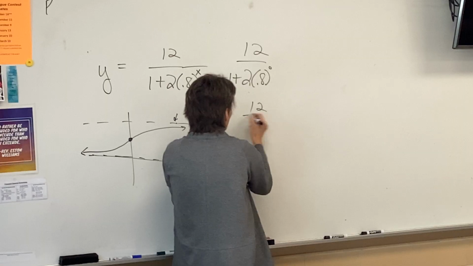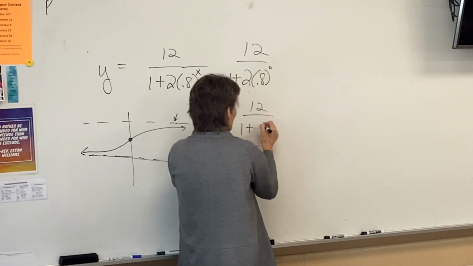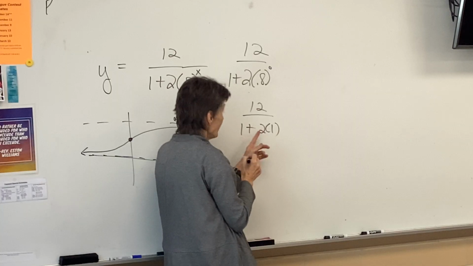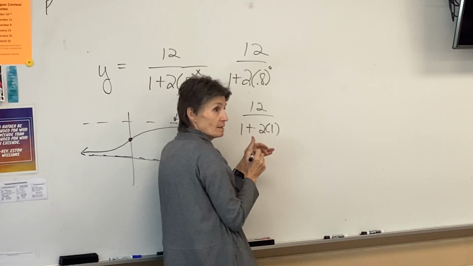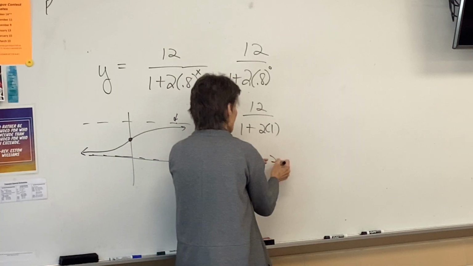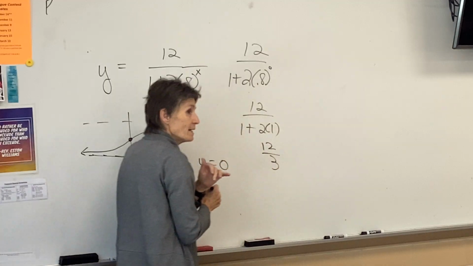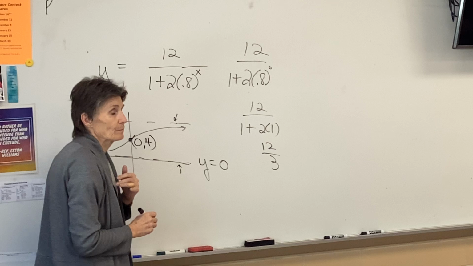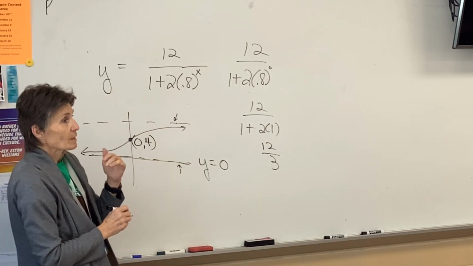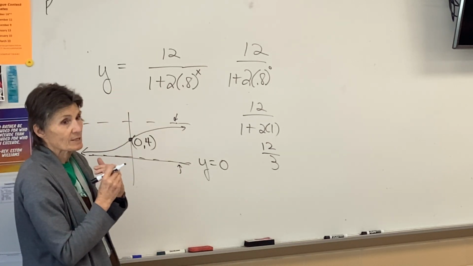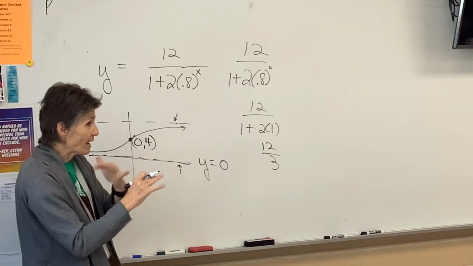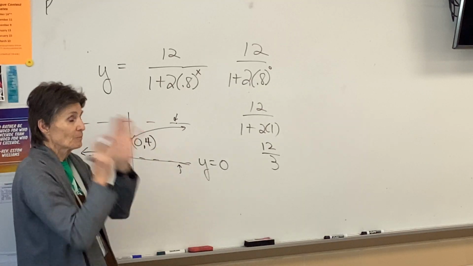So we have 12 over 1 plus 2 times 1. Well, 1 plus 2 times 1 is 3. So my y-intercept is 4. That's my y-intercept. How do I find a y-intercept? I let x be 0. Period. Every time. No options. Plug in 0.